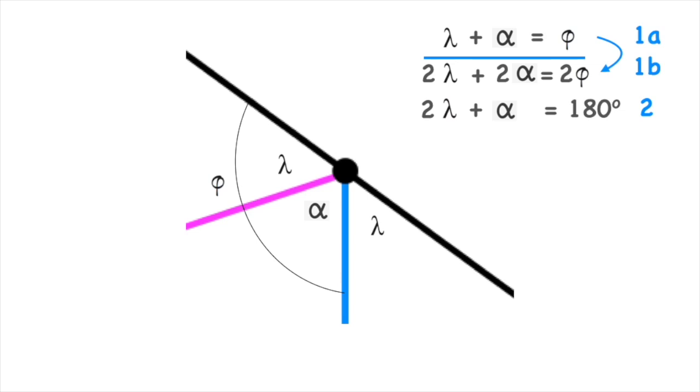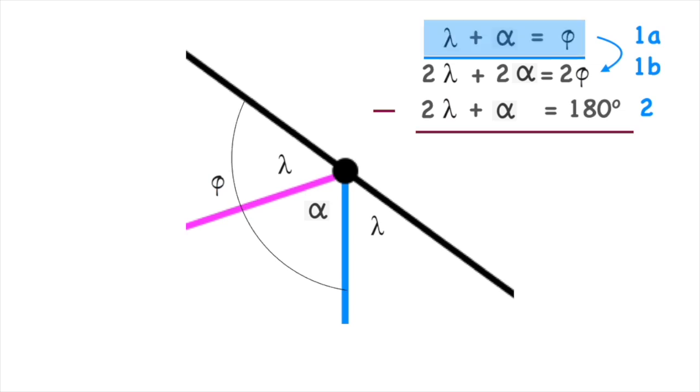Let's subtract equation 2 from equation 1b. And we see that alpha equals 2 times phi minus 180 degrees.